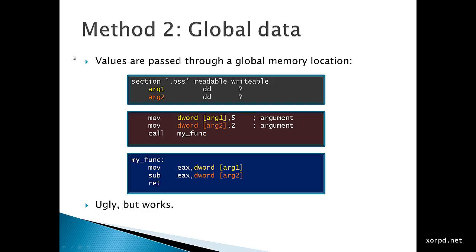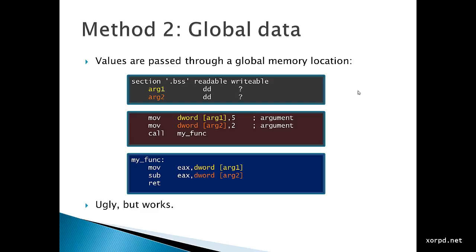In that case, we'll have to add many such arg dwords in the BSS section, which is going to be very unfortunate. We don't want to have all those arguments. We will have to manage them somehow, so we will not get confused, and this could be hard. So this method actually works, but it is not very common these days.